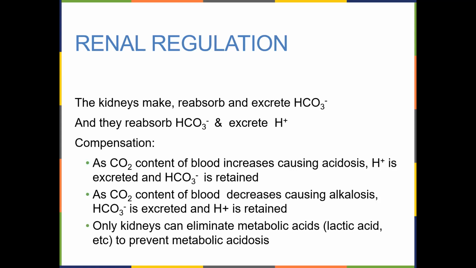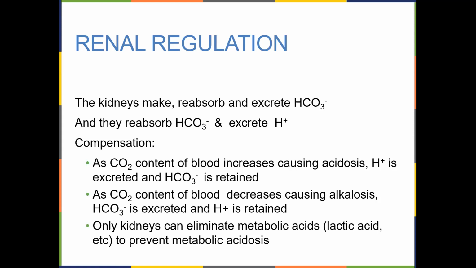If we become acidotic because of increased levels of CO2, if we are retaining lots of CO2 and we are becoming more and more acidic, sliding into acidosis, the kidneys will respond by releasing more hydrogen ions.